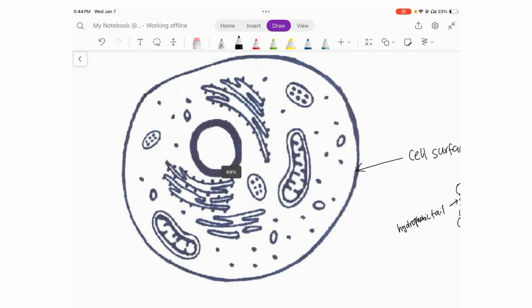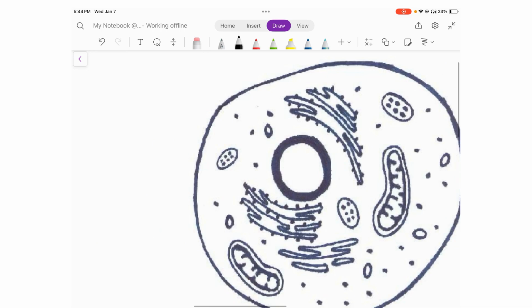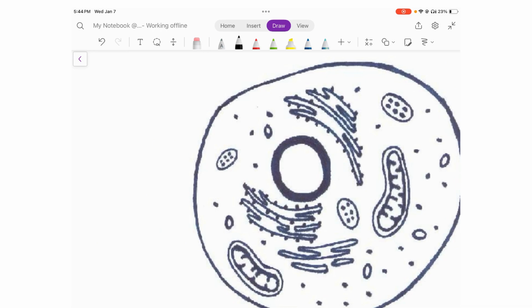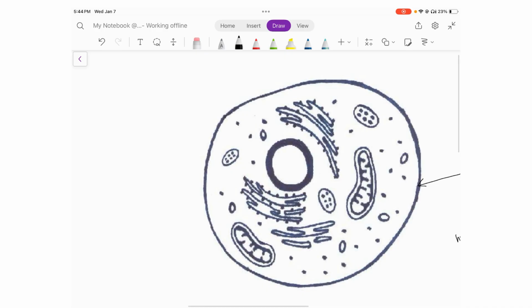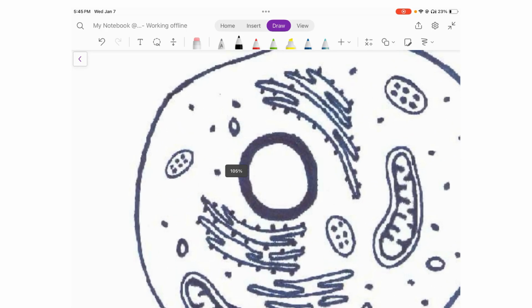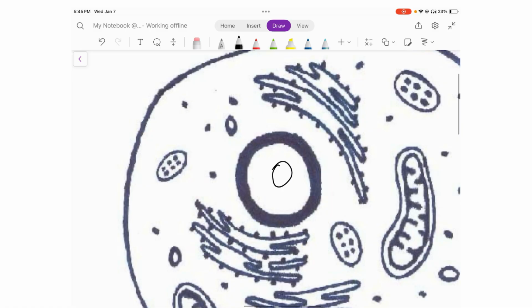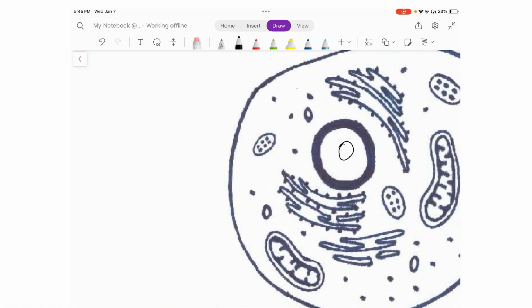Now, the next structure that we are going to be looking at is the nucleus. There are some organelles that are missing from this diagram, so I'm just going to draw those in. Okay? So let us look at the nucleus.